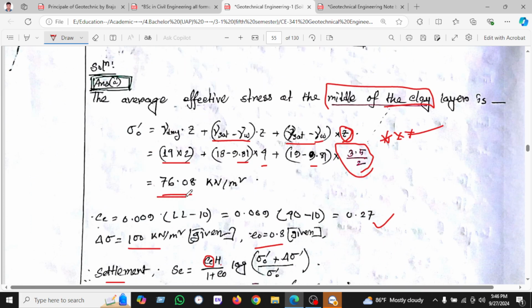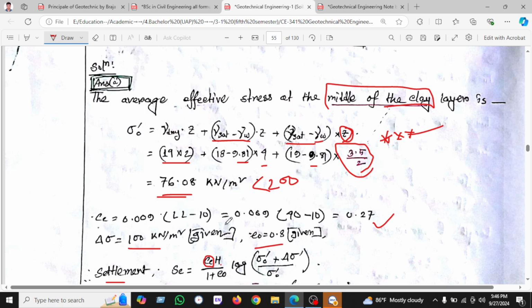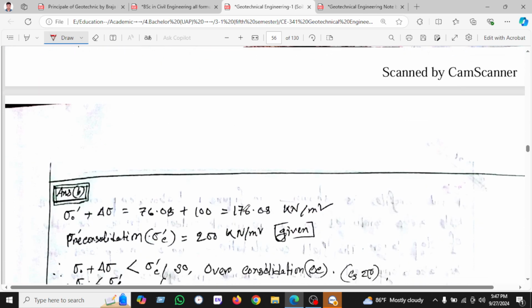So we have found 76, and 76 is less than 200. So we have used this formula, Cc into H divided by 1 plus e naught, into log of sigma naught plus delta sigma over sigma naught, and found the settlement 0.91 meter.